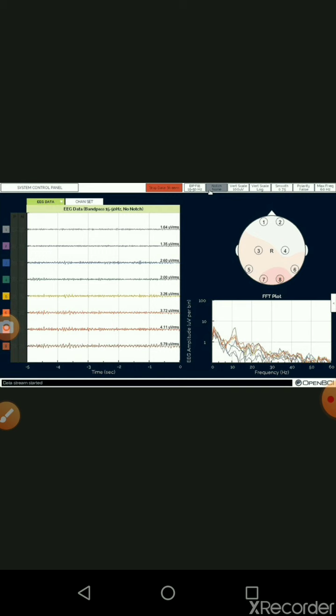The icon shows the various kinds of menu bars, and depending upon the menu bar and the wavelength, the data are recorded from different parts of the brain at different frequencies. Based on this output we get some kind of identification if anything is diagnosed in the brain, either a tumor or any kind of infection in the brain.